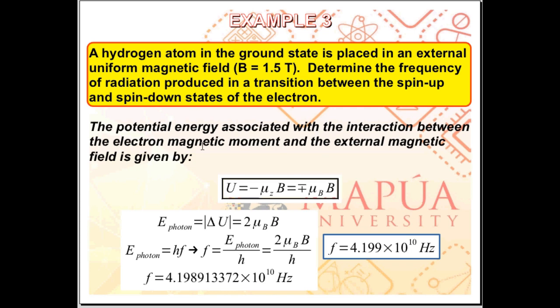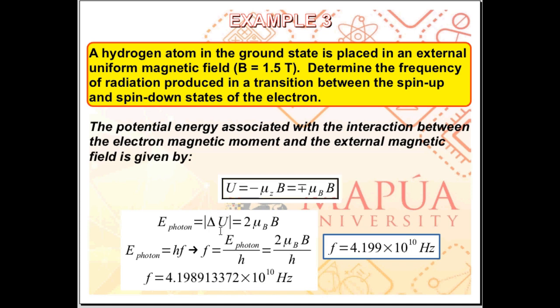Now, the potential energy associated with the interaction between the electron magnetic moment and an external magnetic field is given by U equals negative mu z times B. Mu z is just positive or negative mu B, so this gives negative or positive mu B times the magnetic field B. If we let U initial be negative mu B B and the final potential energy be positive mu B B, final minus initial gives the change in potential energy.